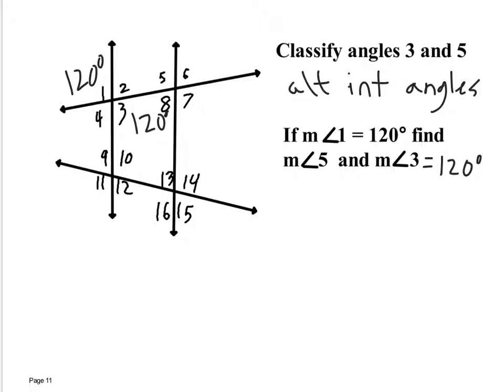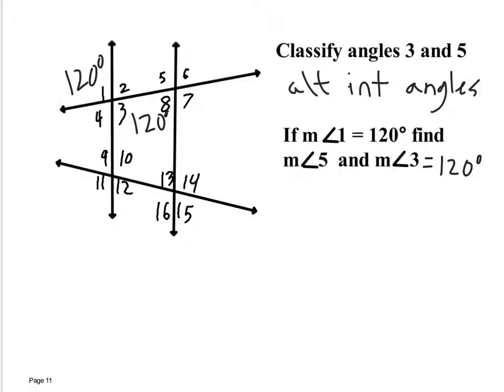So how can I find the measure of angle 5? What relationship between 1 and 5 would tell me what 5 is? They are corresponding angles. 1 and 5 are corresponding.